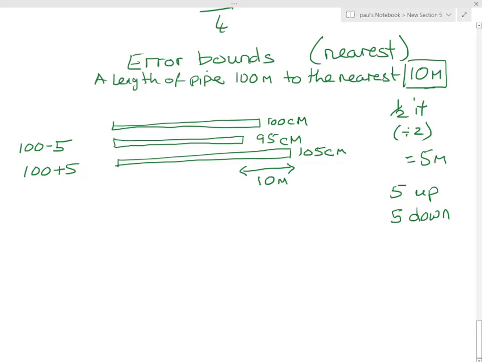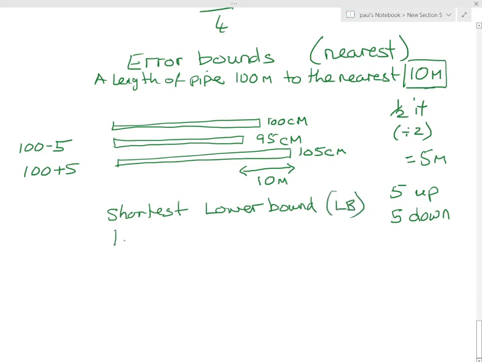It's not 10 meters longer and 10 meters shorter, otherwise that would be 20 meters tolerance. It's a tolerance, so it can be 10 between the shortest and the longest. So it's half of that up and half of that down. Now, the shortest is called the lower bound, the LB.